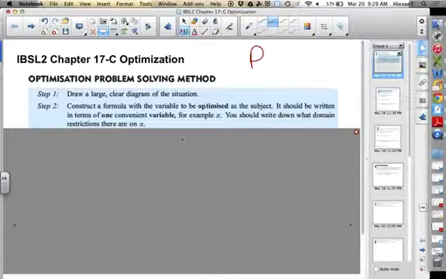Now that just means that's going to be the dependent variable. Okay? That's our dependent variable. And then notice it says it should be written in terms of one convenient variable or independent variable. Okay?